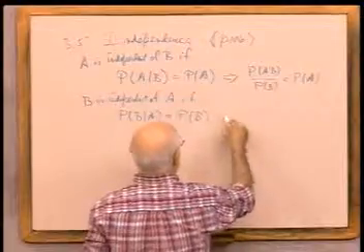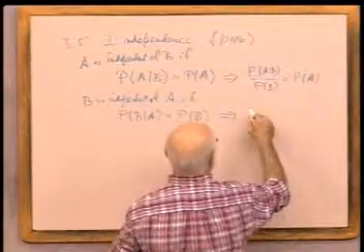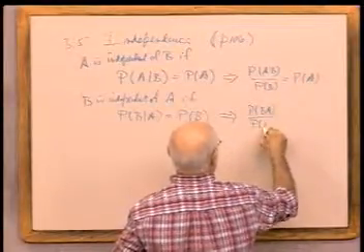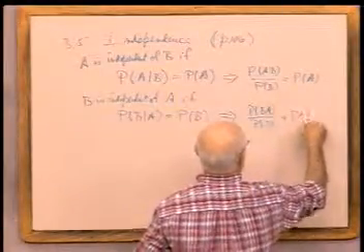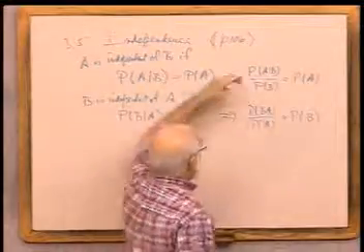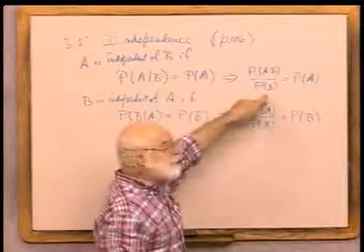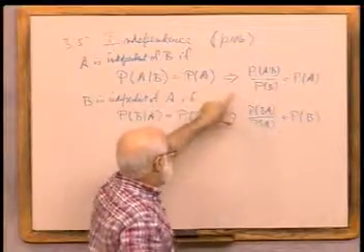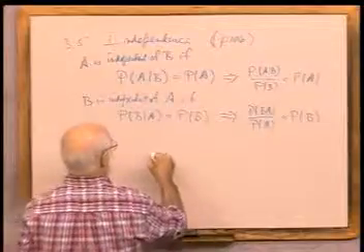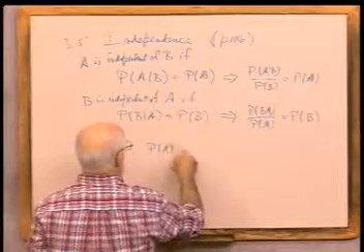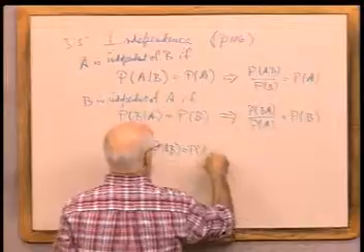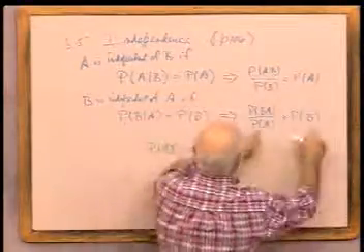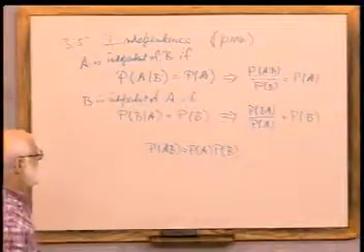And likewise, I could do this for this statement, and I would find the probability of BA divided by the probability of A is equal to the probability of B. But the probability of AB and the probability of BA are the same. When I multiply through, I find that what this implies is that the probability of AB is equal to the probability of A times the probability of B. In other words, this says that and this says that.